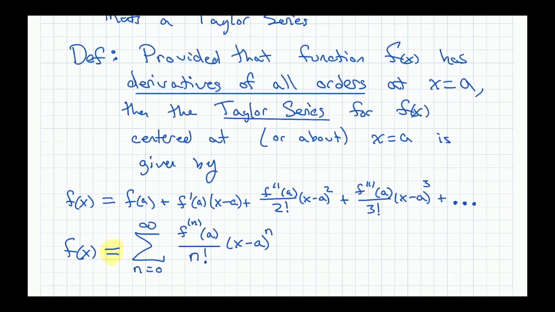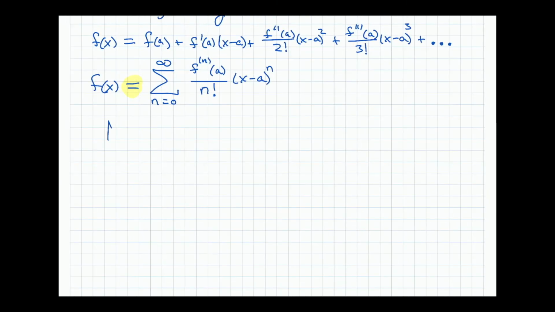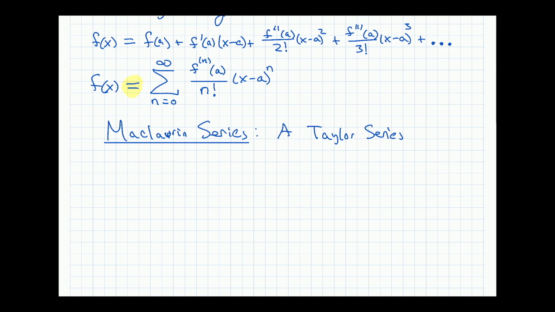So what we can say is Maclaurin series, again, very complicated definition: a Taylor series with a equals 0.